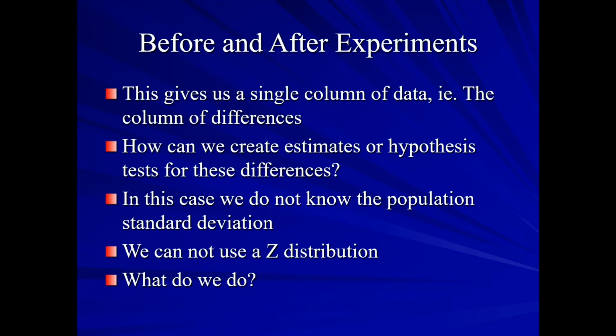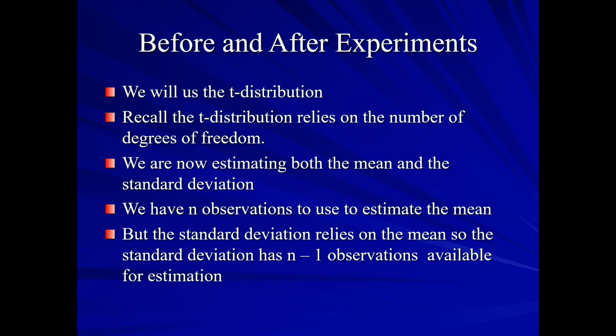But what we would like to know is how to create confidence interval estimates or do hypothesis tests for these differences. As in our last video on t-distributions, we don't know the population standard deviation. We've only got a certain group, so we can't use our z-distribution. We need to use the t-distribution.